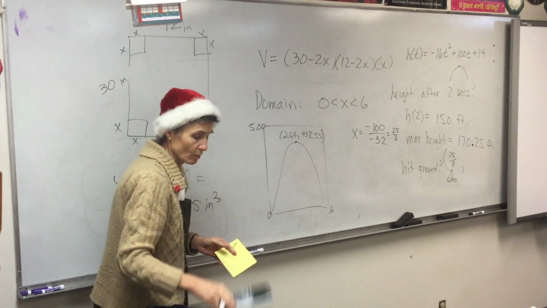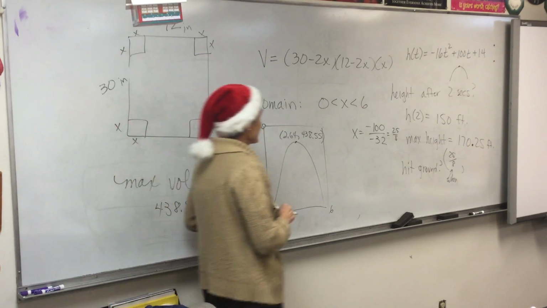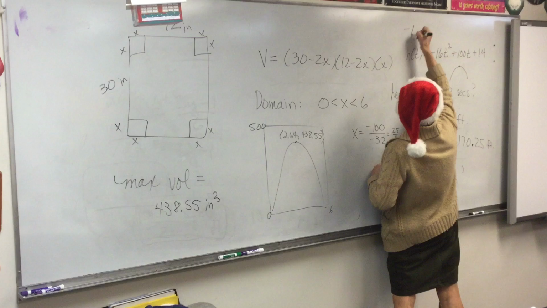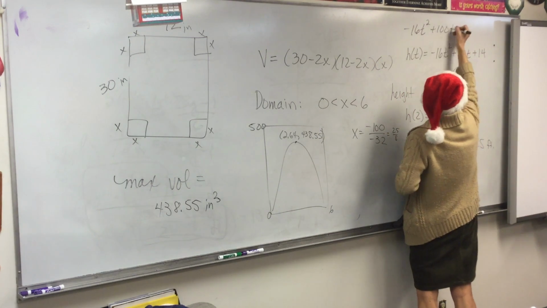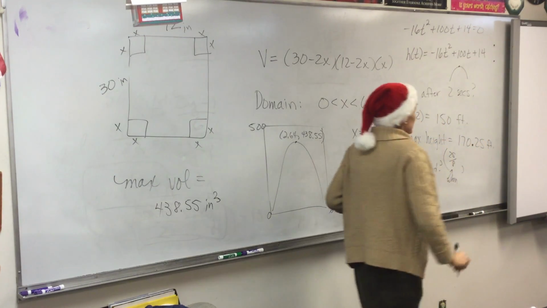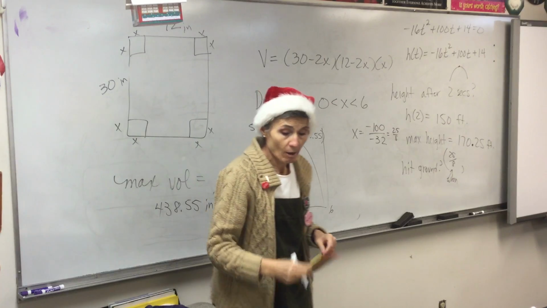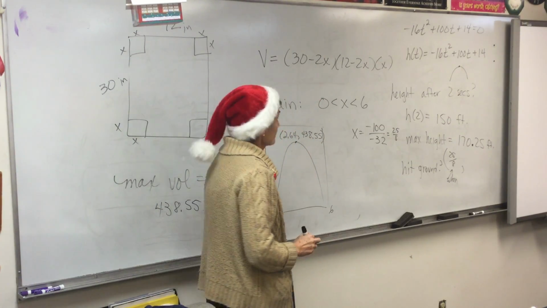So what do I do here? Put 0. So I set this equation equal to 0, because if it's on the ground, the height is 0.